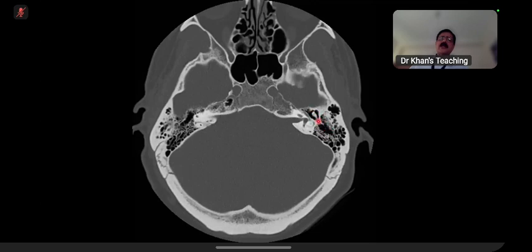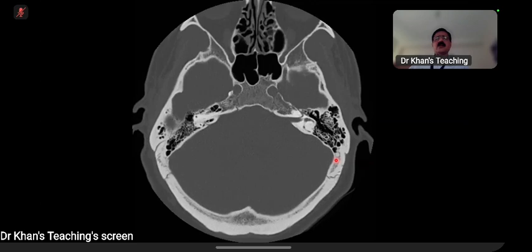So this is the epitympanum. This is the additus ad antrum. And then is the mastoid antrum. They will show you cholesteatoma cases in the exam where this thing might be expanded, and that will be what the examiner asks. So beware of that.